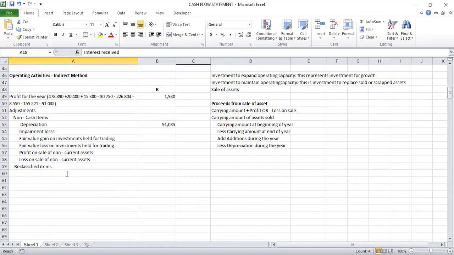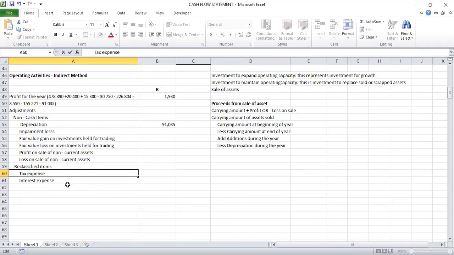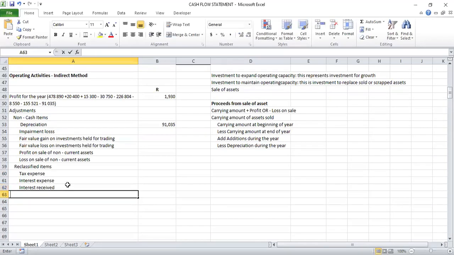Things like tax paid if you are dealing with a CC, interest expense, tax expense, sorry, interest received, dividends received.